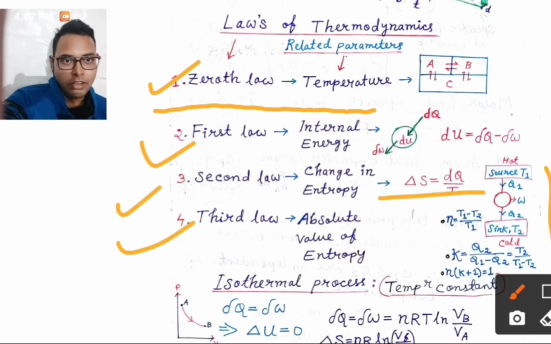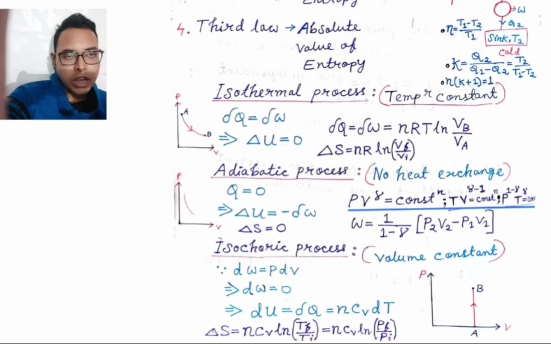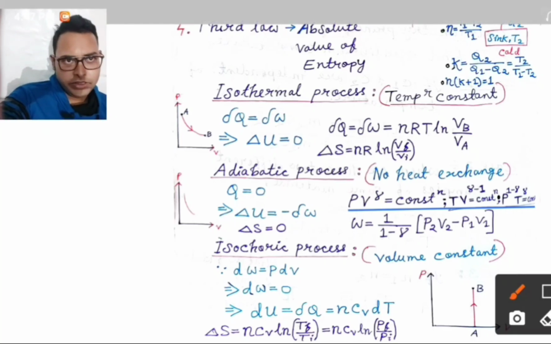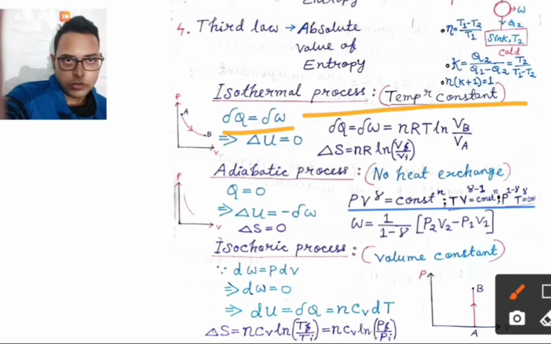That is the third law. And isothermal, adiabatic, isochoric and isobaric, these are all processes. Let's discuss them in short. In an isothermal process, temperature is constant, right? So dQ is equal to dW, since the change in internal energy is 0.